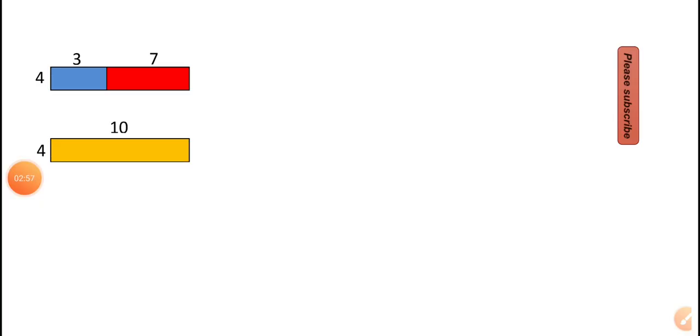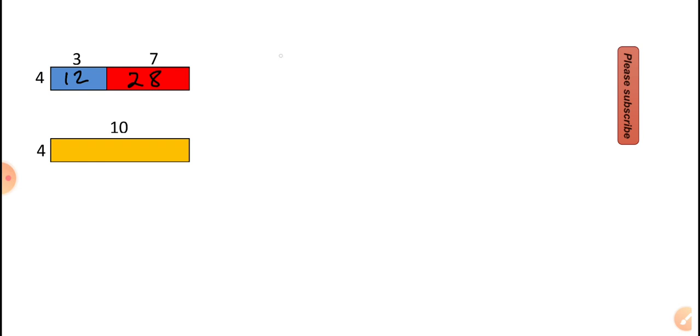So again, in this example, to work out the area of this whole rectangle here, we could say 4 times 3 is 12, and 4 times 7 is 28.